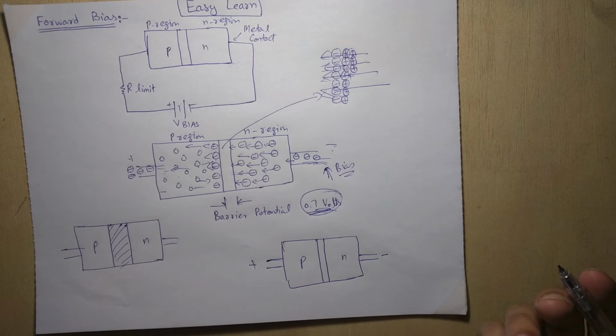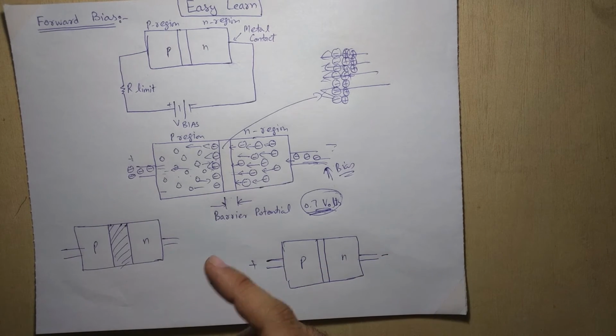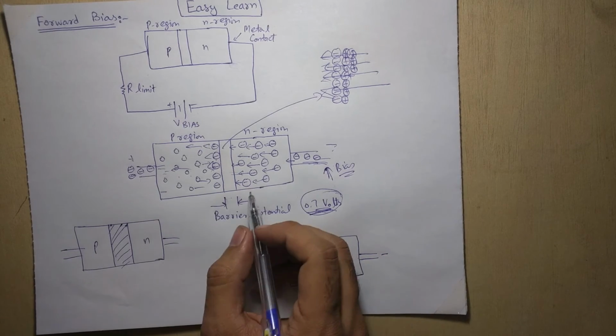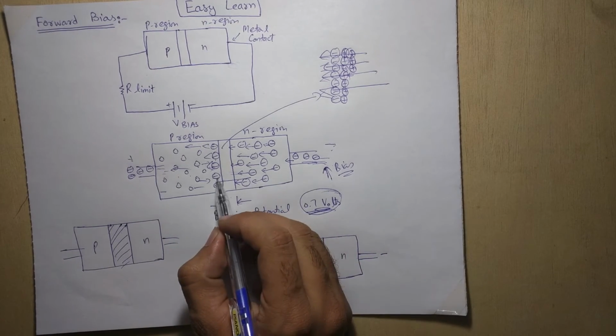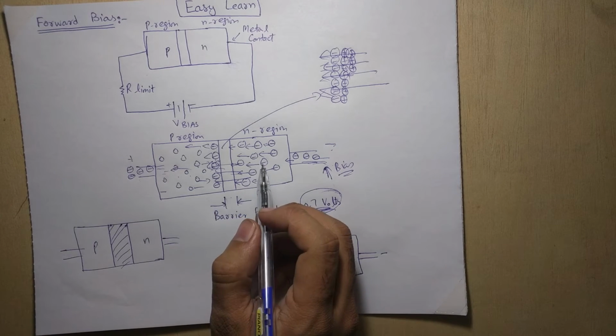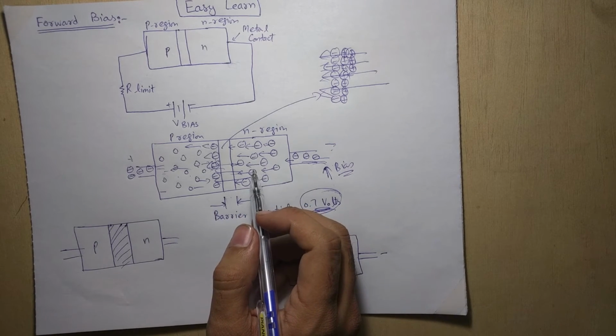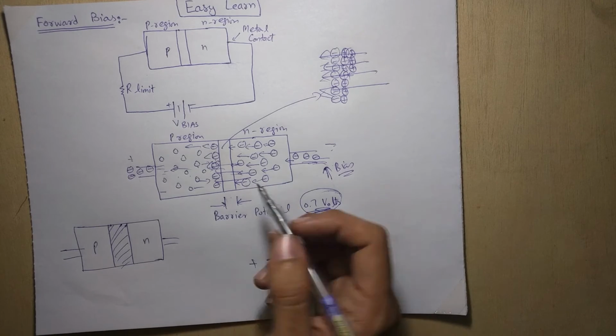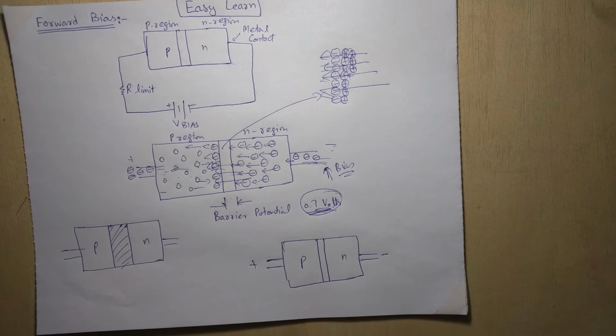So when forward bias is applied, the free electrons are provided with energy from the bias voltage source to overcome the barrier potential and climb the barrier, and they basically jump from here. 0.7 volts or higher is required to move across. In other words, the electrons give up an amount of energy equivalent to the barrier potential.